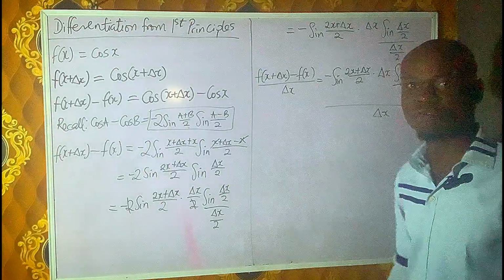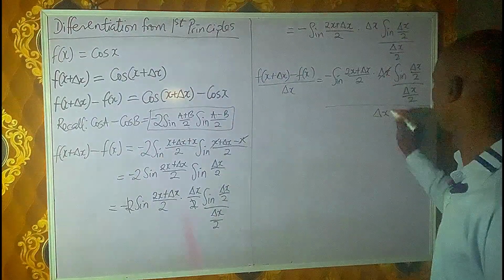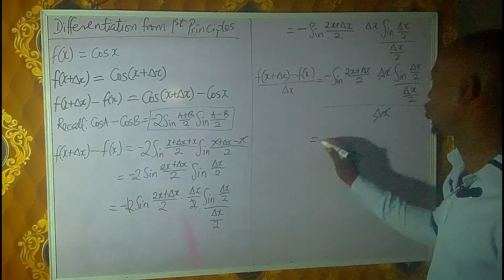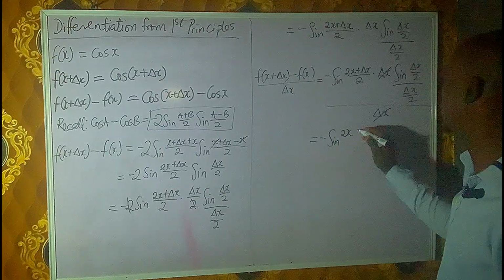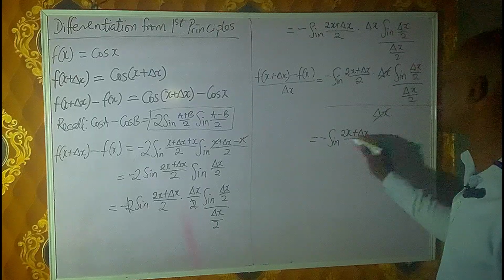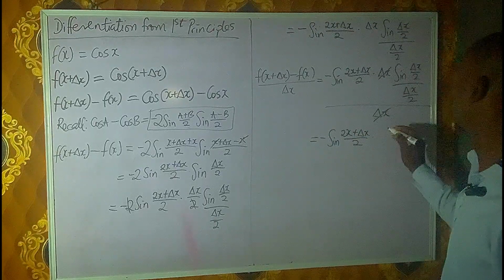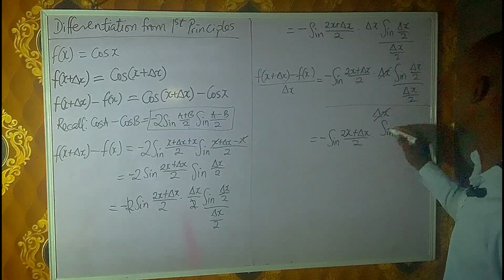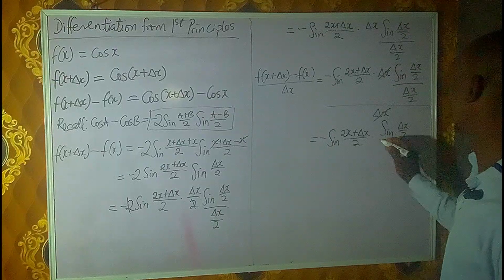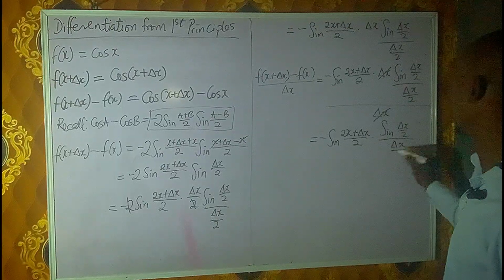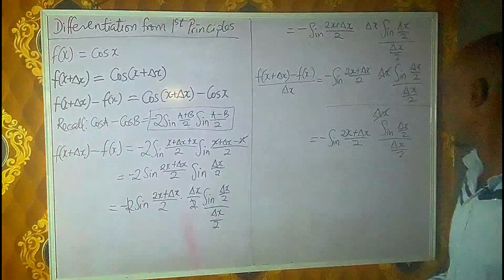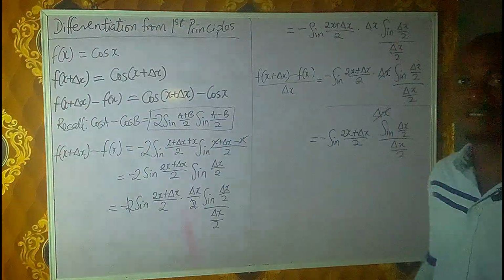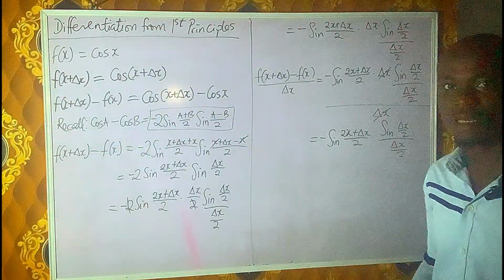So what you observe is that delta x is gone, leaving us with just minus sine of (2x plus delta x) over 2 times sine of delta x over 2 over delta x over 2. So we cancel out the free delta x, so we can take limits now.